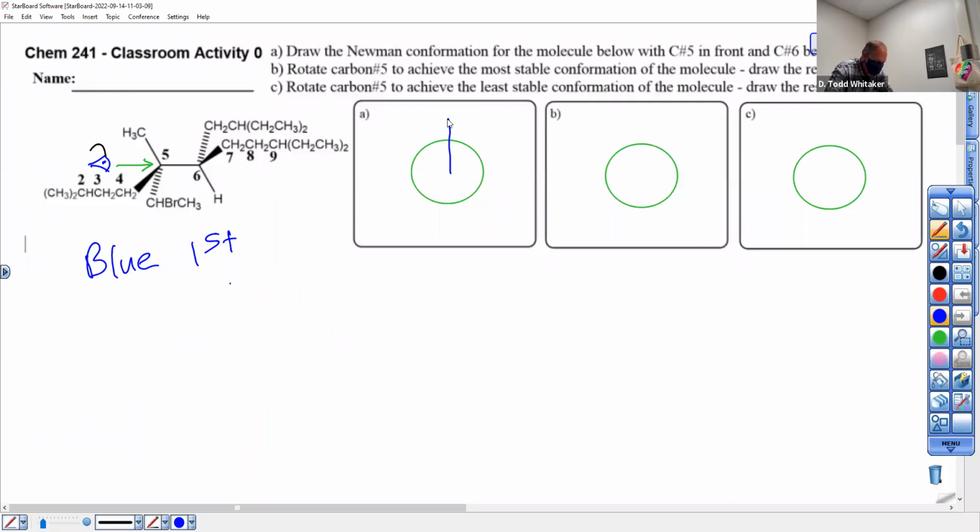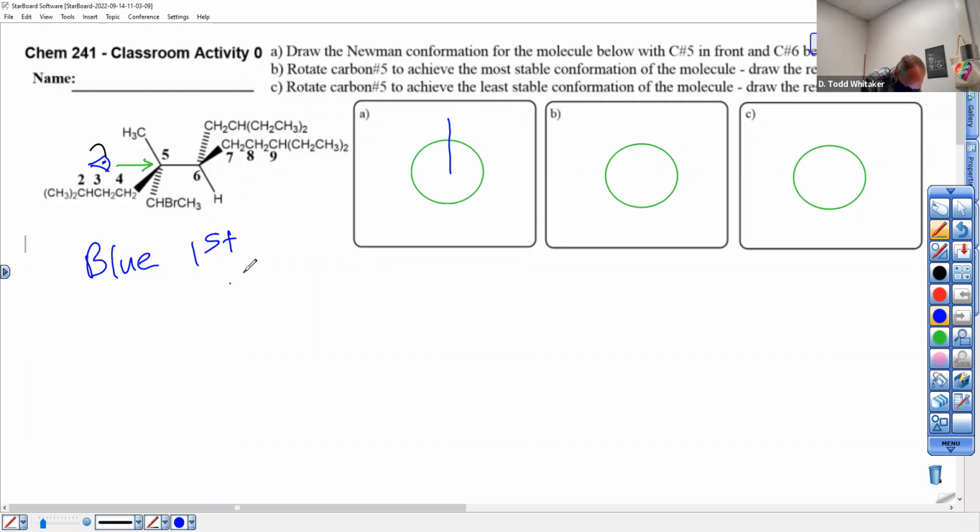But right now you don't see 6, but you can see the bond sticking off of 6. That H is the one I'm going to draw. Off of 6, I'm going to draw this first. Why? Because it's not a wedge or a dash. Is it above my eye or below my eye? It's below. Draw it straight down. Draw it in blue so you remember that was the first thing you did.